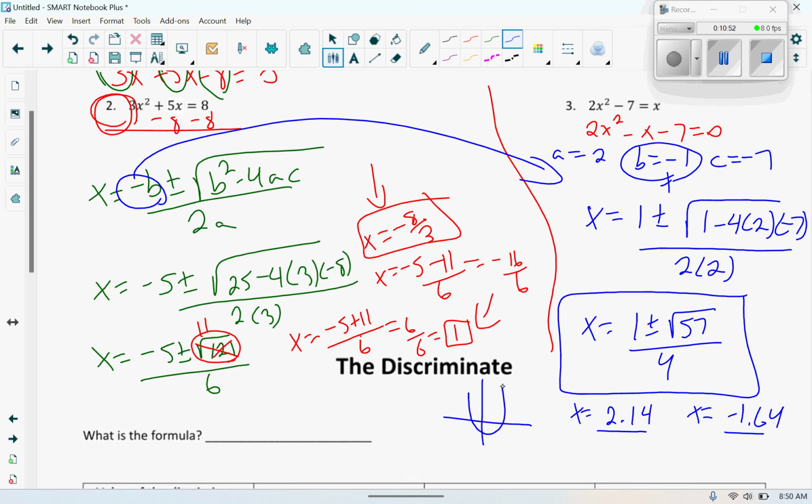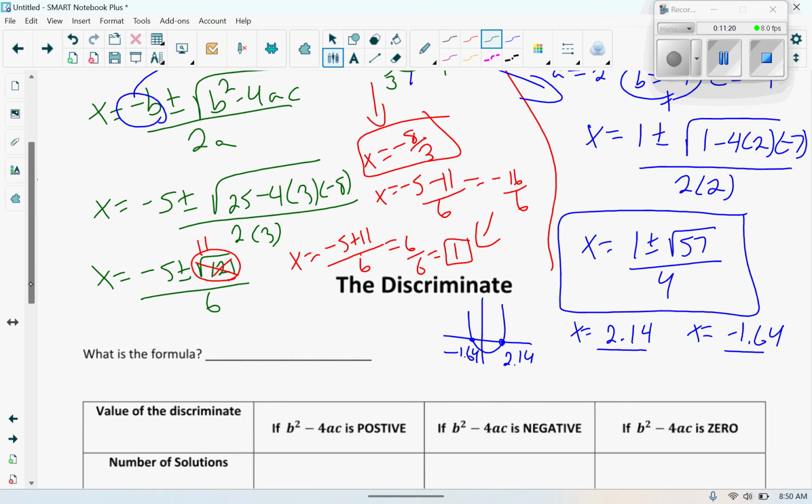It's doing something like this, and it's hitting it at 2.14 approximately and at negative 1.64. So that's kind of like the answers that it's giving me. Like for this one, for example, this one is hitting it at negative 8/3, and this one is hitting it at 1. So that's what you're finding there.